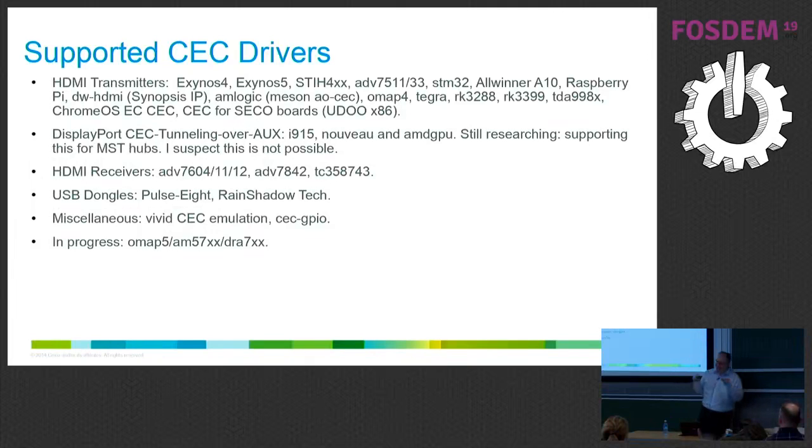So we have the insane situation that if you buy a graphics card, or you have a laptop with a GPU inside, then CEC is supported on the DisplayPort outputs, but not on the HDMI outputs. I have no idea why graphics card vendors do not add CEC support for it.